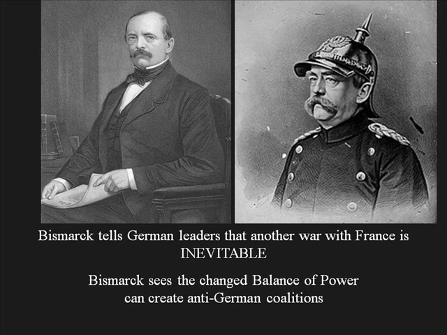He says, if we have to fight France, then we should make sure that France has no allies in that war. And Bismarck is a diplomatic genius at guaranteeing that doesn't happen. He keeps the French separated from the Russians, separated from the British.